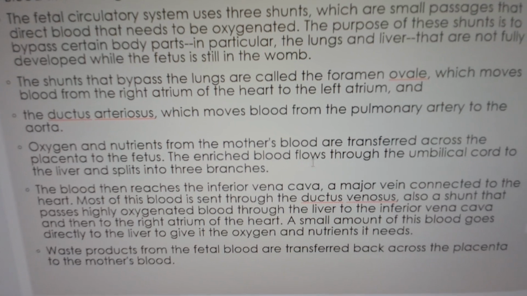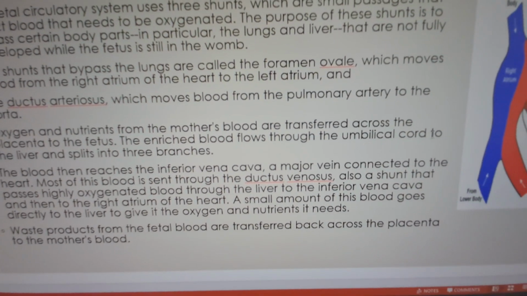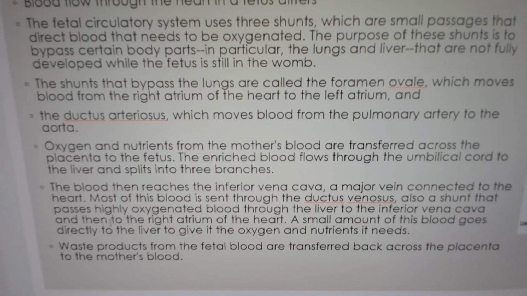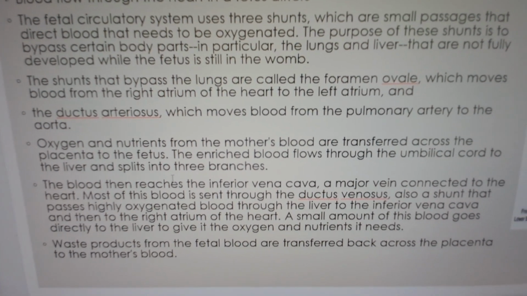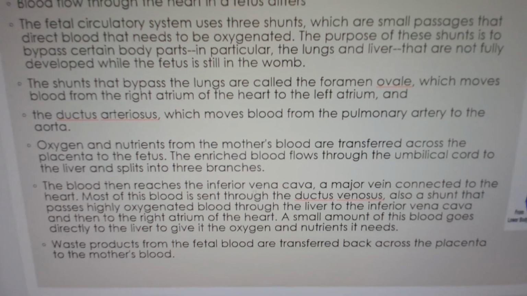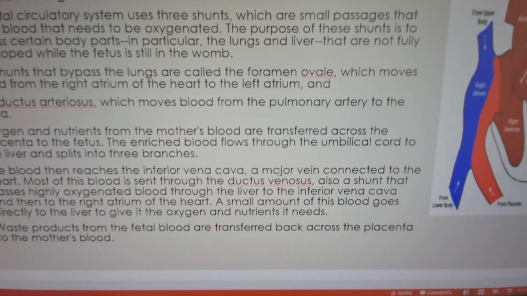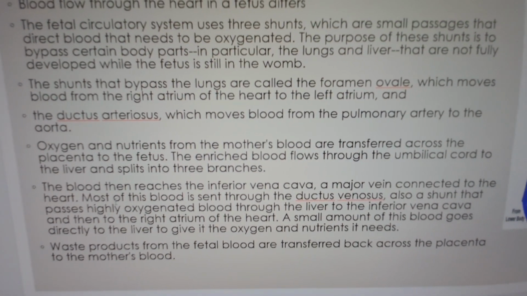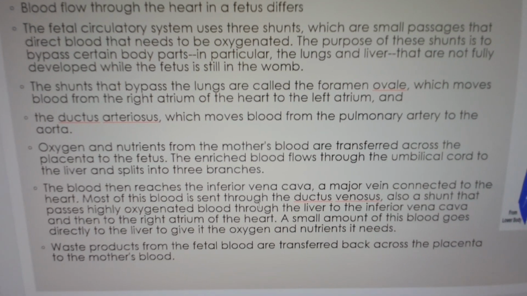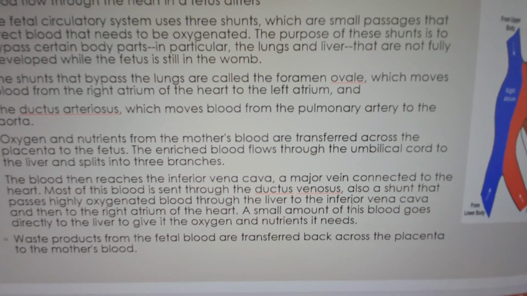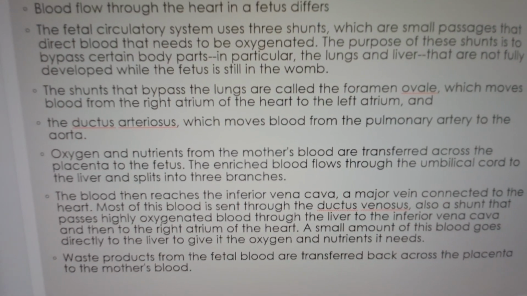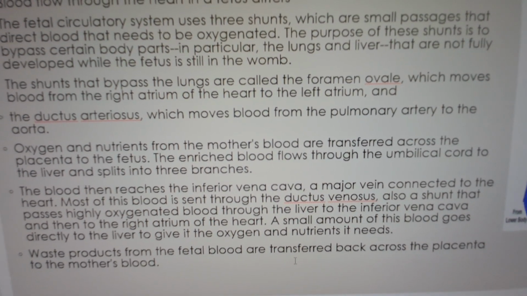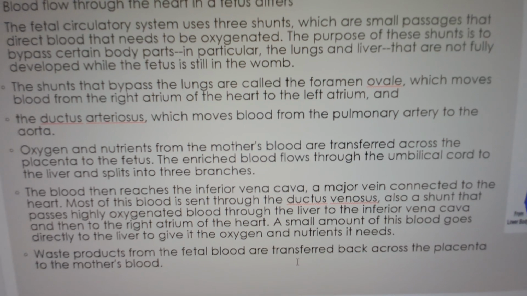It enriches the blood flow from the umbilical cord to the liver and splits into three branches. The blood then reaches the inferior vena cava, a main vein connected to the heart. Most of this blood is sent through the ductus venosus, a shunt that passes highly oxygenated blood through the liver into the inferior vena cava and then into the right atrium of the heart.